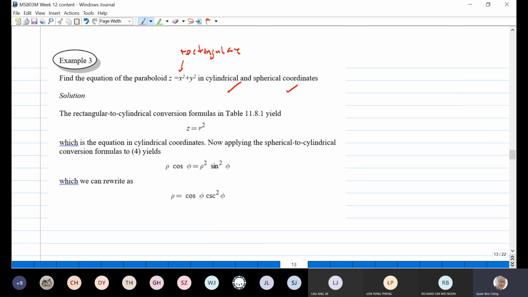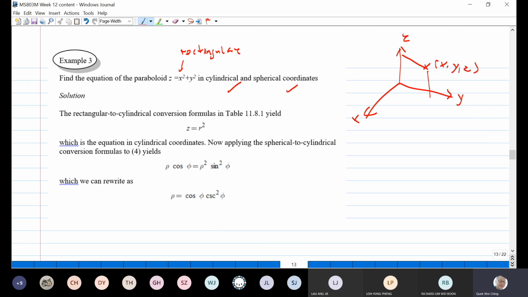Conversion for cylindrical is quite easy because r squared is equal to x squared plus y squared. So for cylindrical, you have x, y, z and also theta here.